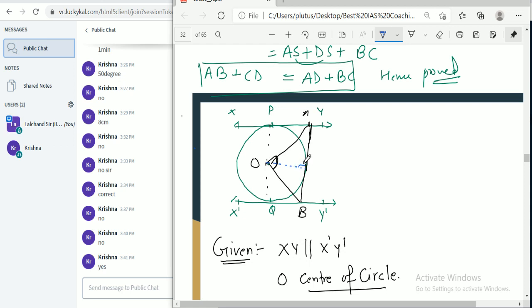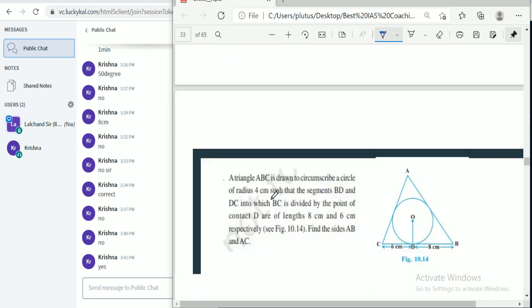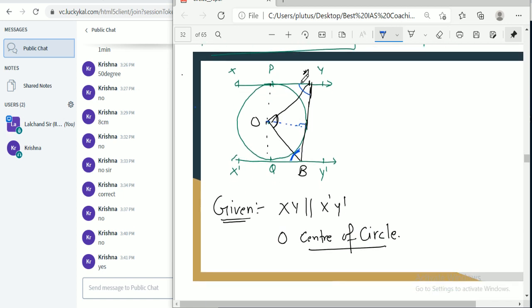So can we say the sum of this complete angle A plus this complete angle B should be 180, isn't it? The angle sum of angle A and angle B is equal to 180 degree.